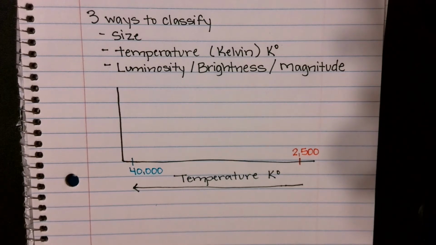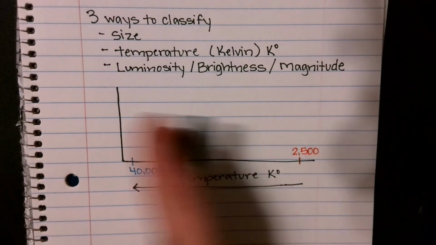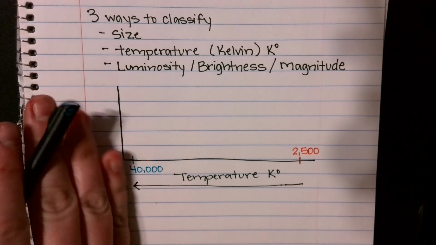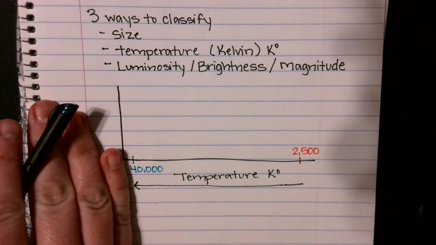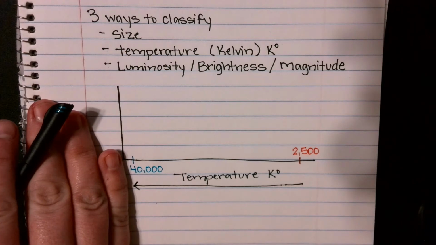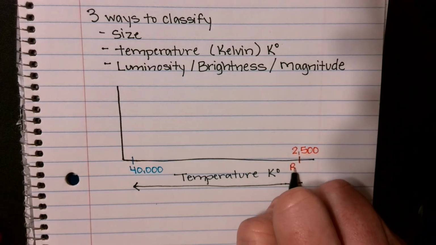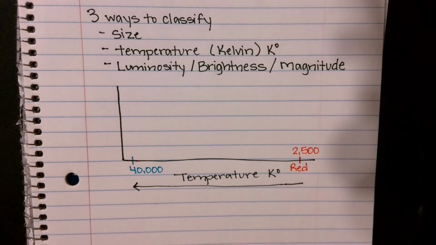Okay. When we look at these, stars are often going to be based on some colors. So we're going to have our reds over here at 2,500, and our hottest, about 40,000, sometimes even more, over here, and they're going to be these bright, bright, bright blue. And so the colors are going to range going across. So we're going to have red stars that are going to be here.